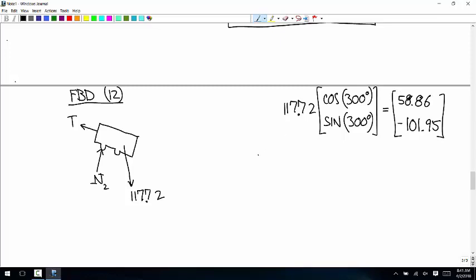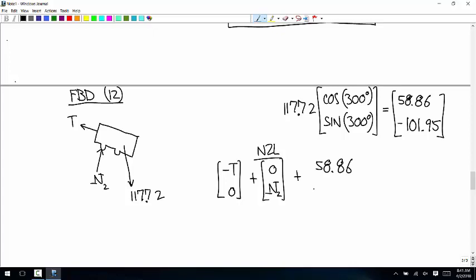Okay, and then Newton's second law says, so that T is in the negative x direction, so negative T, 0, plus 0, N2, plus 58.86, negative 101.95.